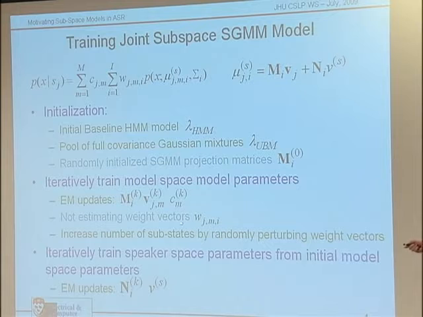Which is something that is being done in the system that Petter described, and as in their system, we're increasing the number of substates by randomly perturbing these weight vectors. Okay, then having trained these model parameters, we hold them fixed and train the speaker subspace parameters, and during adaptation, we estimate these speaker vectors.